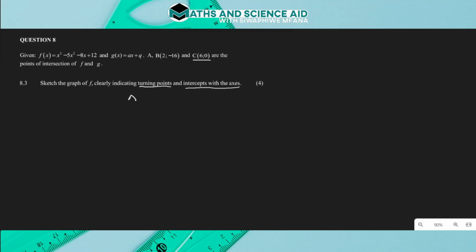We need to sketch the Cartesian plane first. So I hope that you have taken note of all the answers from the previous questions, because we are going to need them here. So we've got the y-axis and the x-axis. Now, we do know the values of the turning points.